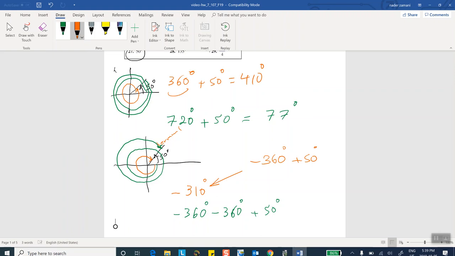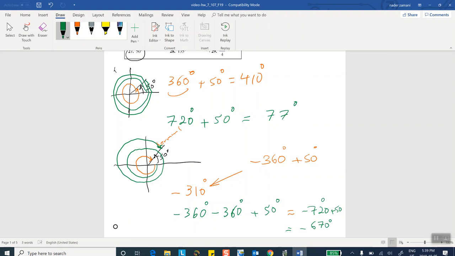Here I go 360 twice and add this, and that's going to be, let me use green, minus 720 plus 50, and this is going to be minus 670 degrees.